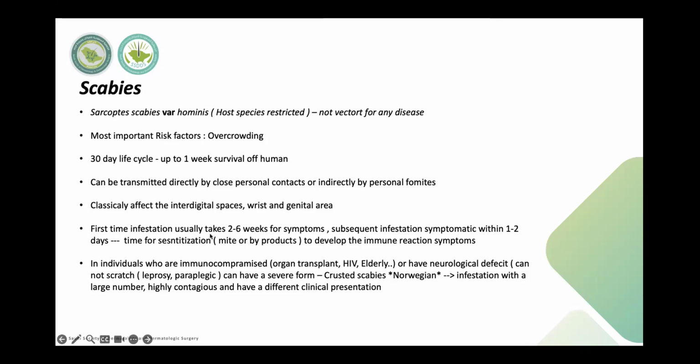But if someone gets reinfected, usually they will get the symptoms faster because they have already been sensitized. Some people who are immunocompromised can get a very severe infection, called crusted scabies or Norwegian scabies, which is an infestation with a large number of mites, hyperkeratotic lesions, and is very highly infectious.